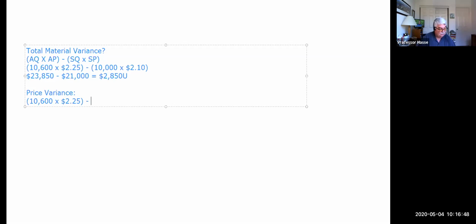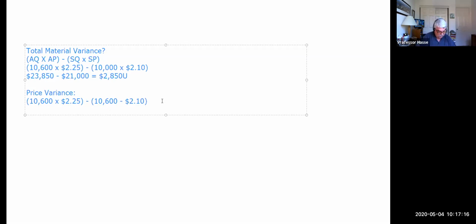And we're going to subtract from that our actual quantity, 10,600, times our standard price of $2.10. In other words, we're comparing here. Notice the units are the same. We're comparing the actual price to the standard price.